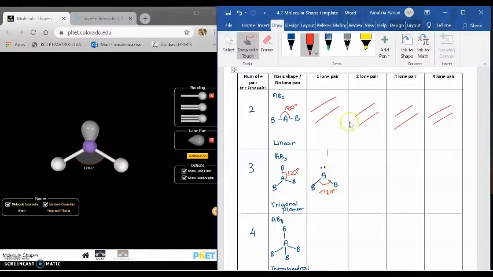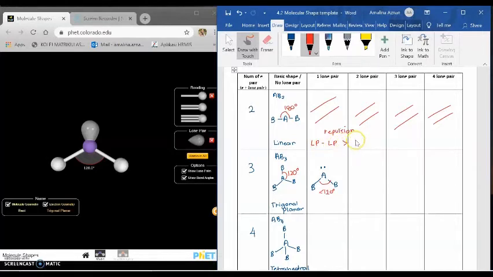So why is this? Remember the strength of the repulsion: the strongest is between lone pair and lone pair.